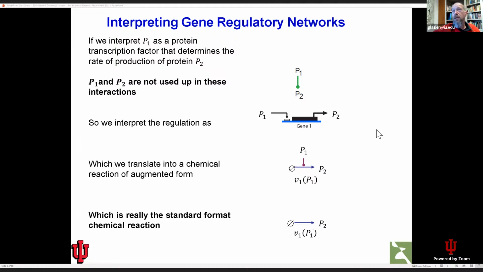And so we remember that P1 activates P2 implies P1 somehow turns on transcription of a gene, which then produces a protein. Mathematically, that means that nothing goes to the protein at a rate that depends on the level of the gene.